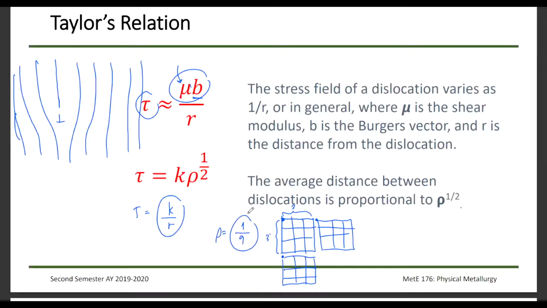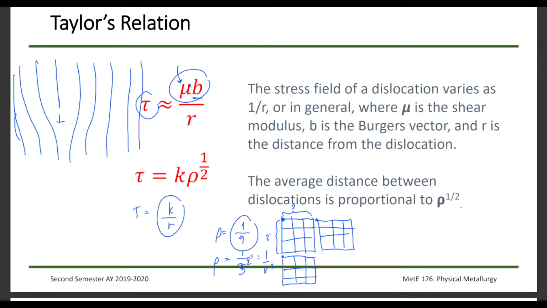This is rho is equal to 1 over 9. You'll notice na equal din siya sa 1 over r squared. Tama? Kasi r is the distance in between the dislocations. So, this is 3 units to the next dislocation, 3 units to the next dislocation. 1 over r squared siya, or 1 over 3 squared, which is 1 over r squared.